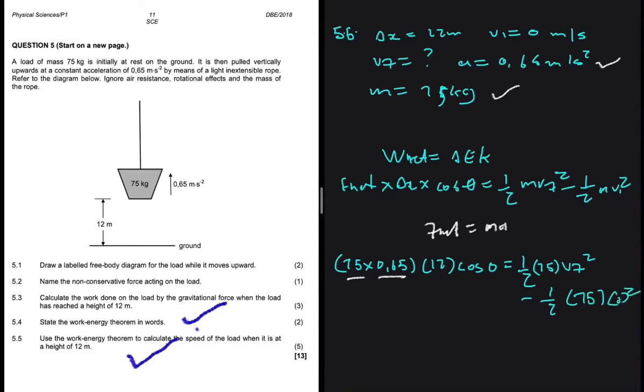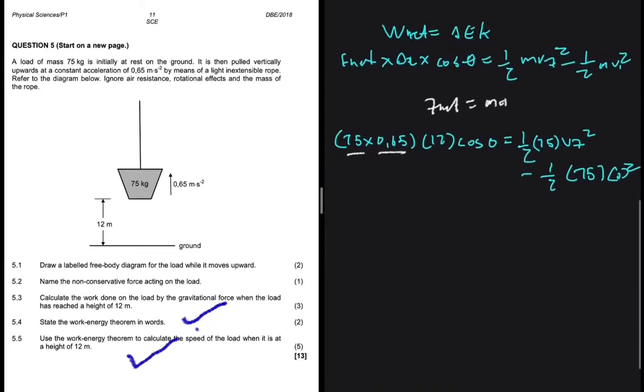Yes. And then now we're essentially done with the physics. We're just solving for Vf squared, right? Now we just have to do the math essentially. So on the left hand side, we have 585, and then it's supposed to be equal to 75 divided by 2 Vf squared, right?